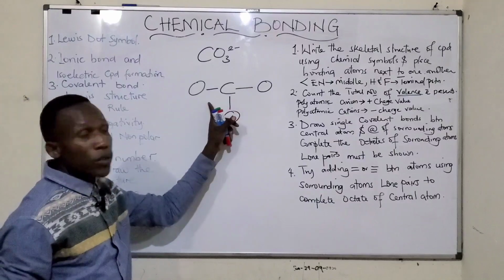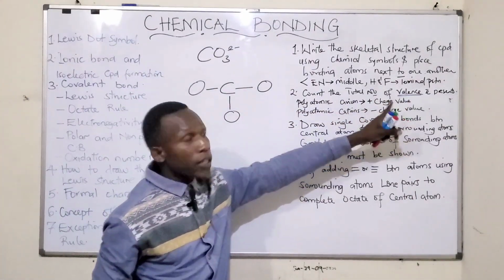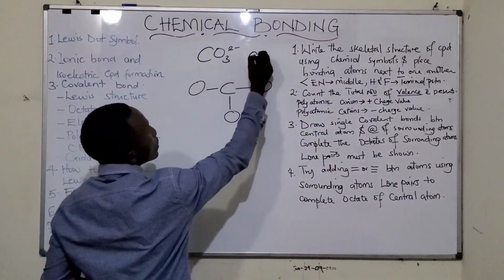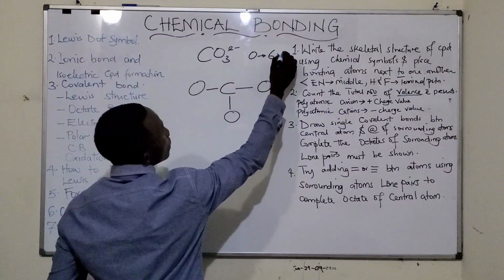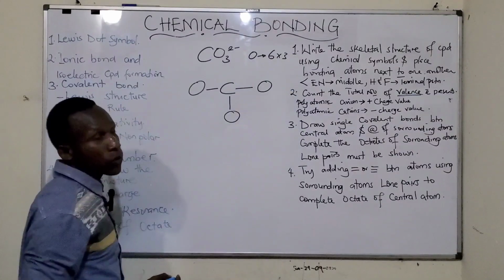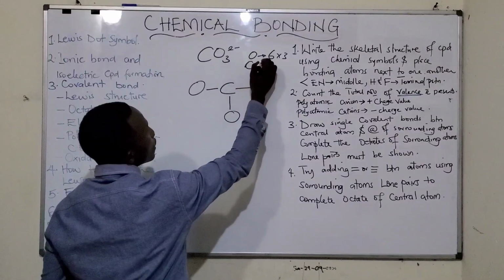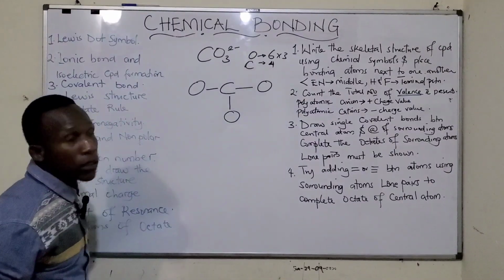Okay, before drawing these bonds, we say that we count the number of valence electrons present. This one, oxygen, we have 3 of them, meaning that it is 6 times 3 valence electrons, which is 18, plus carbon, which is having 4. Right?